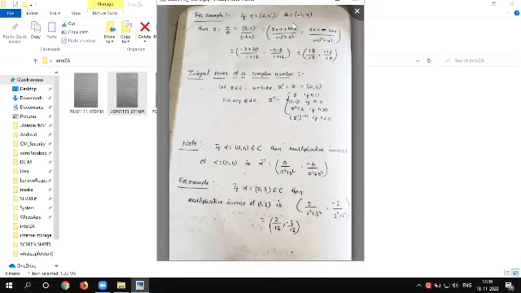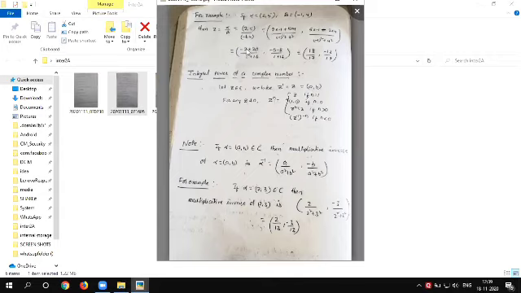If the formula is forgotten, what do we have to do? Simply write alpha by beta is 2 comma 5 and minus 1 comma 4, that is equal to (2 plus 5i) by (minus 1 plus 4i).